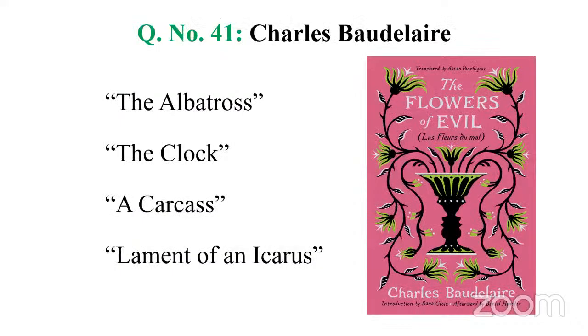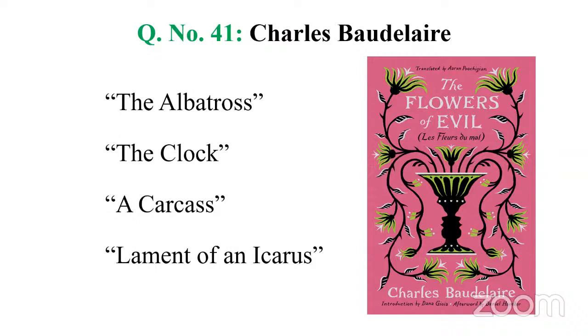But anyway, let's get to know these poets. So number 1, we have Charles Baudelaire, a very famous French poet known for his celebrated work, The Flowers of Evil. In French, it's called Les Fleurs du Mal. It's a very, very acclaimed work of this poet. And if you're interested, you should read these poems in this collection.